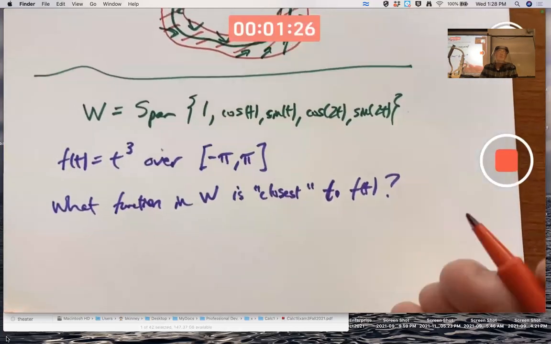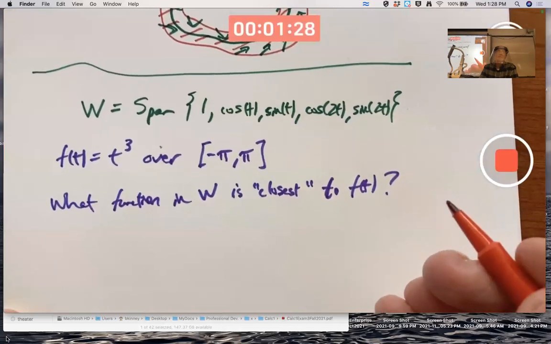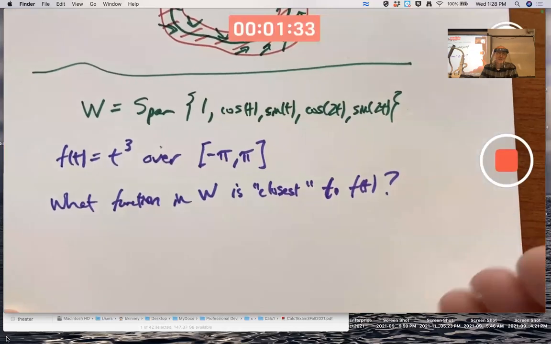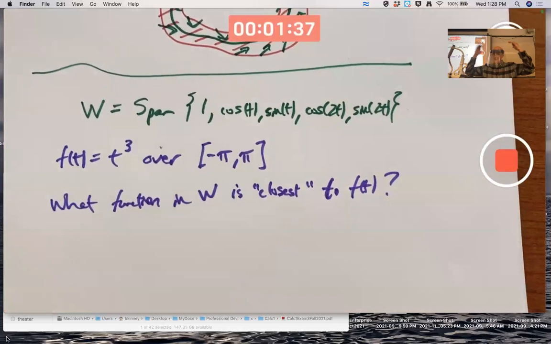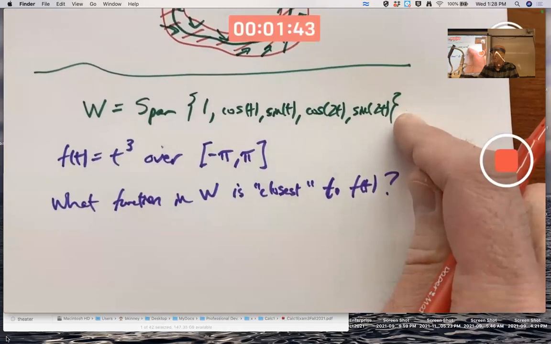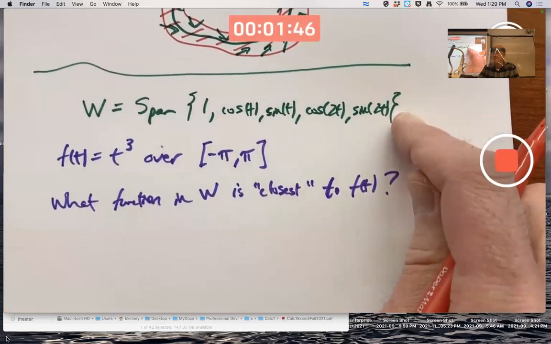Closest is with respect to some metric. A metric is a measure of distance in some abstract space. This is kind of an abstract space, though you can still describe it with linear algebra terminology and ideas.